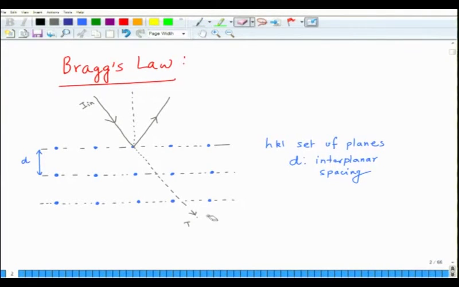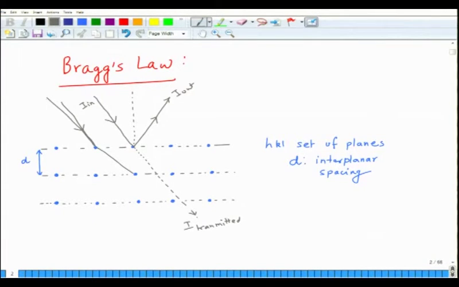So, let me just write it differently. This is the transmitted beam, and this is let us say I out, the outgoing or diffracted beam. So, we have a parallel beam coming from here as well, and this parallel beam comes in such a manner so that it hits. Sorry, it has gone a little bit weird.